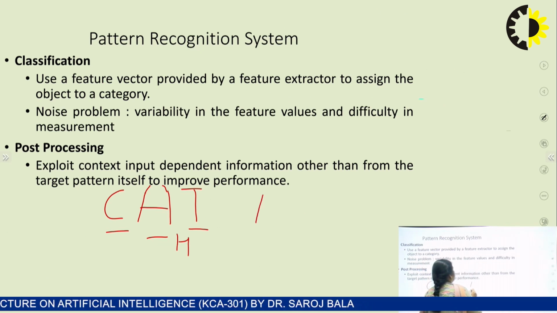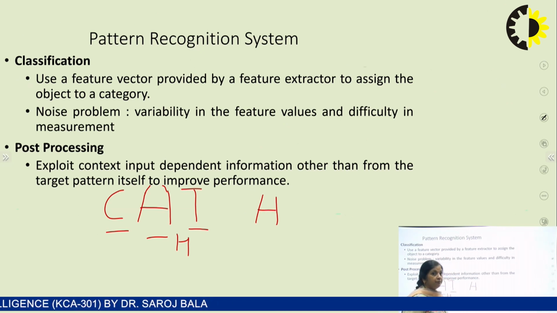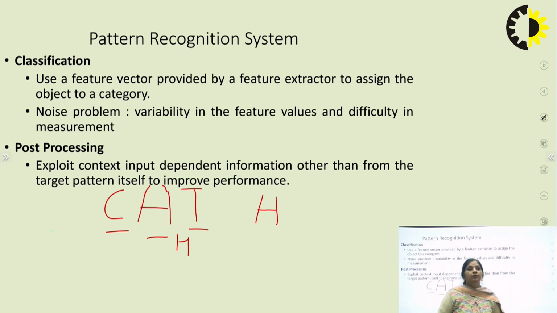Somebody may write a tilted H. But if we consider this H in this context, it is not H, it is A, and it forms the word cat. So this type of context dependent information we can use in post-processing, and we can improve the performance of our pattern recognition system.